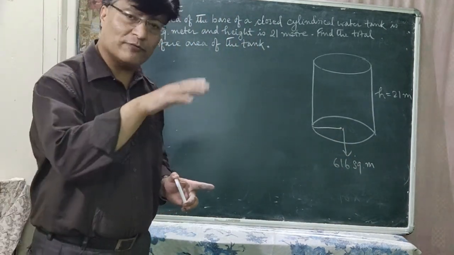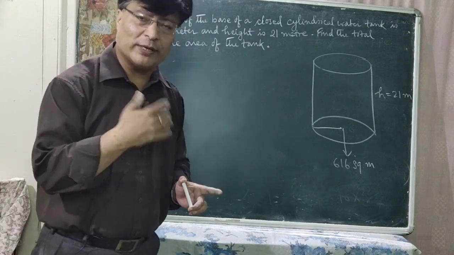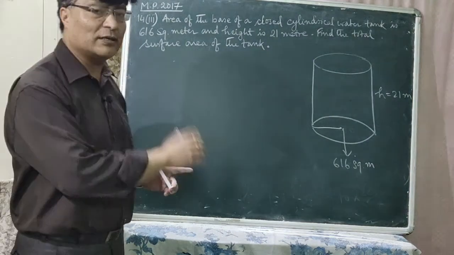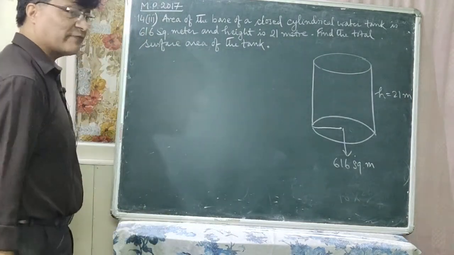So now you know the formula for area of the circle, that is pi r square. So using this formula we can find out the radius of the base of the cylinder. I think you have understood it. Okay, so let us find it.